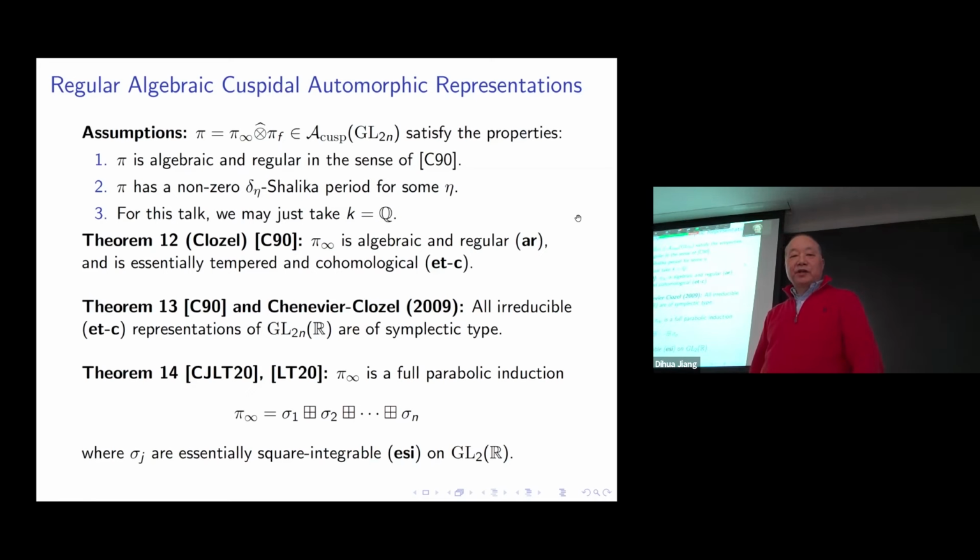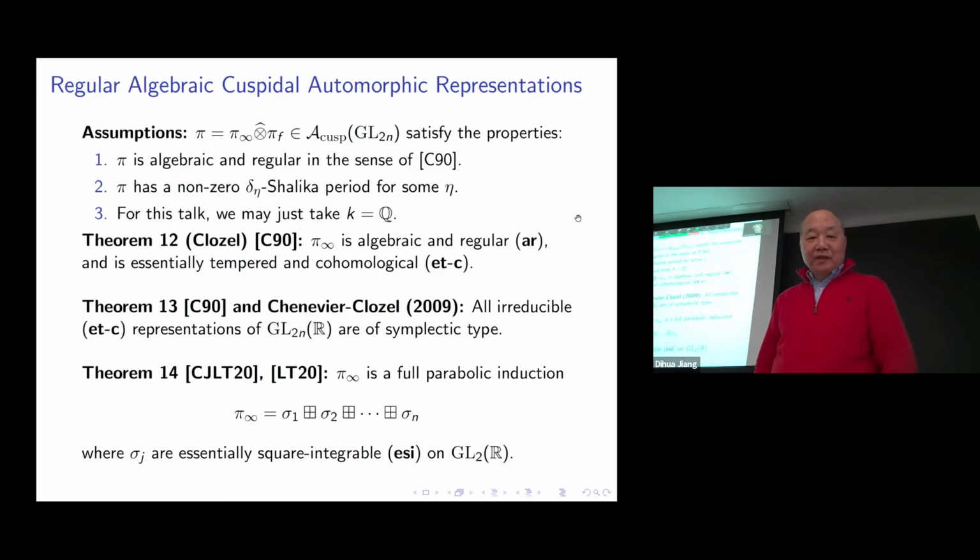And Clozel showed that under such an assumption, the Archimedean component will be regular algebraic and essentially tempered cohomological. And then Clozel and Chenevier, that's a more recent work, they show that all these essentially tempered cohomological representations of GL2n will be of symplectic type.